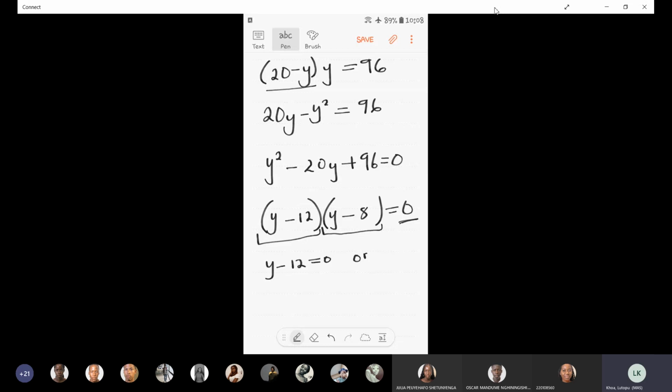I can't see the screen anymore. Is it just her who cannot see the screen, or everybody cannot see the screen? I can see the screen. Okay, people are saying they can see the screen.